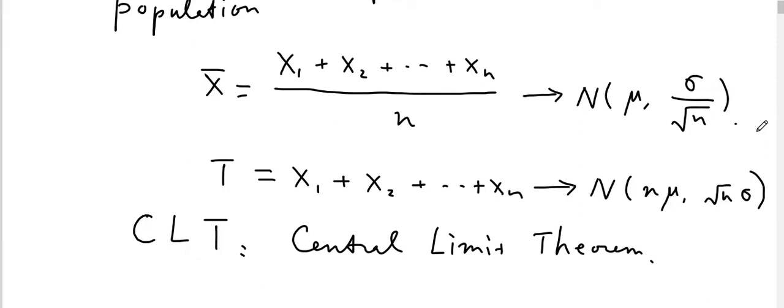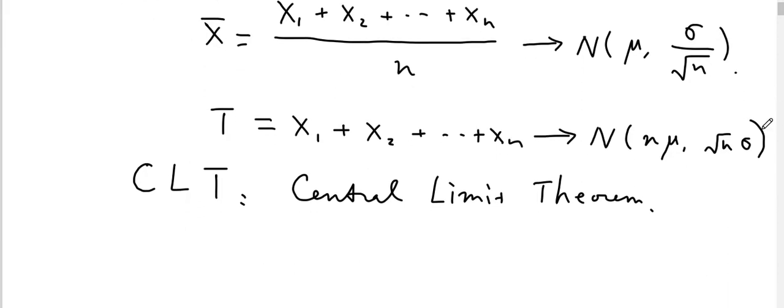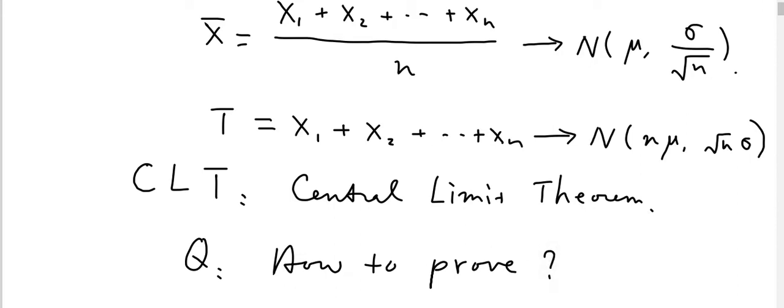The question now is how to prove it. How can we prove these things follow this normal distribution, or how can we prove these two things follow the same distribution?